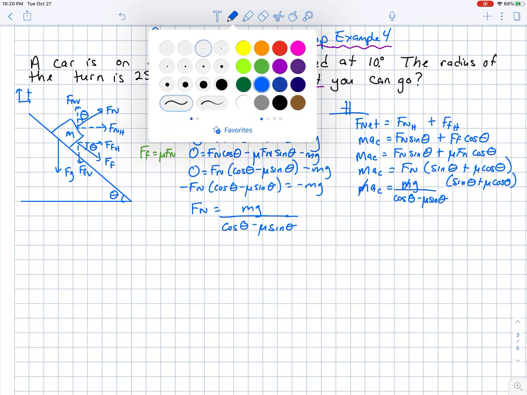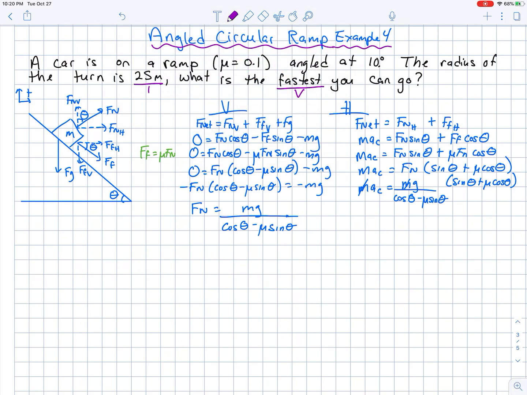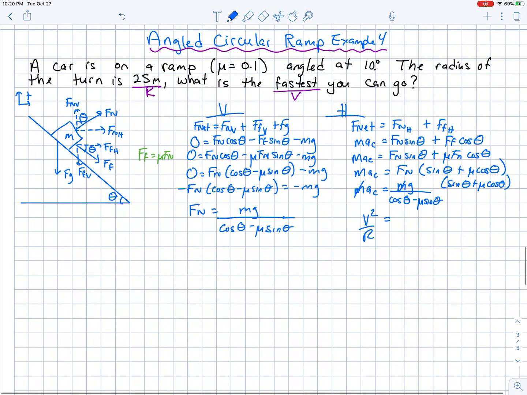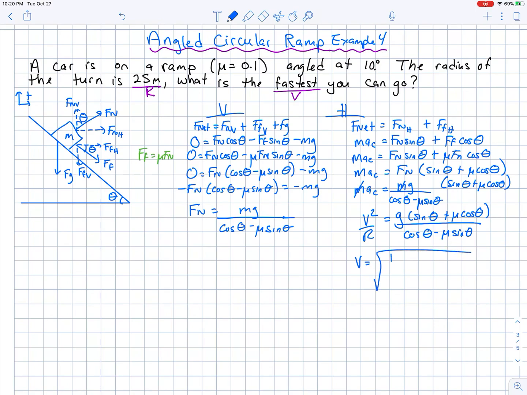At this point here, we can cross out the masses and we can go ahead and choose which centripetal acceleration formula we're going to use. So in the question, we are given the radius here and we're asked to find a velocity. And so we are going to use v squared over r. So we get v squared over r is equal to, cleaned up on the right-hand side, g times the sine of theta plus mu cosine theta, divided by cosine theta minus mu sine theta.